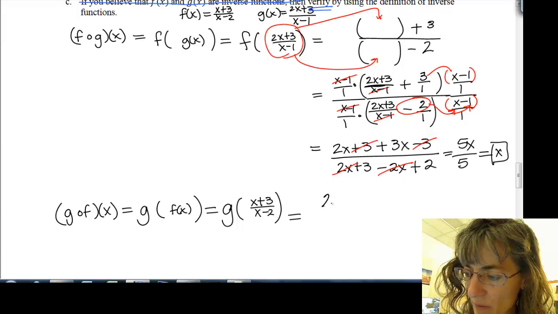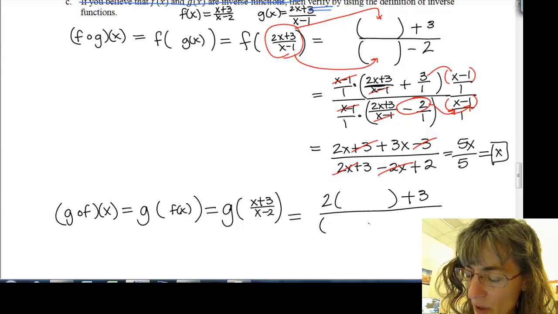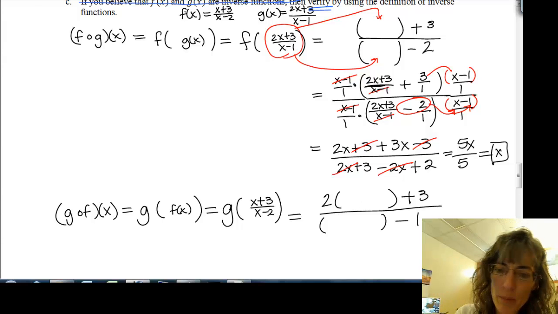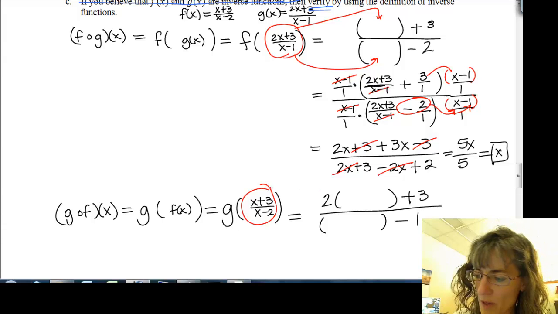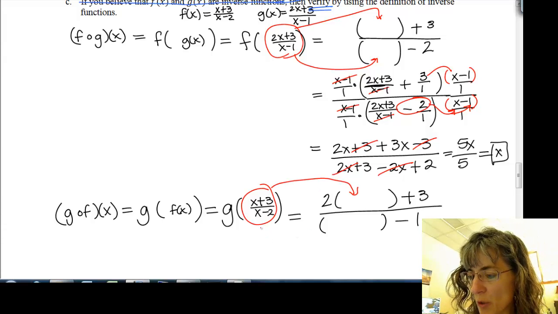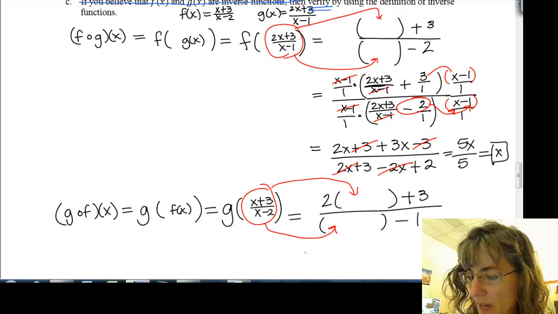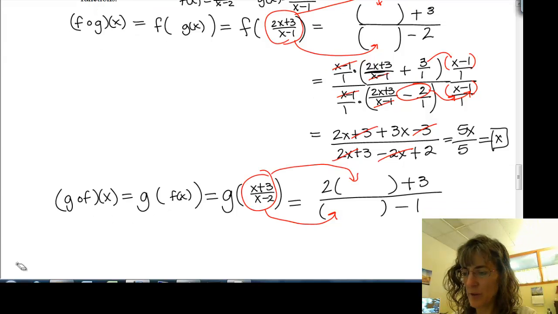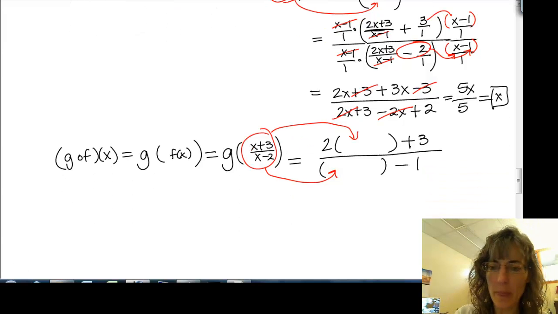So I know this should be g. I'm looking at g, so I have 2 times whatever x is plus 3 over whatever x is minus 1. Remember, I'm plugging in. And if you have trouble on these, just show it like I'm showing it so that you can figure out what's happening in each step.